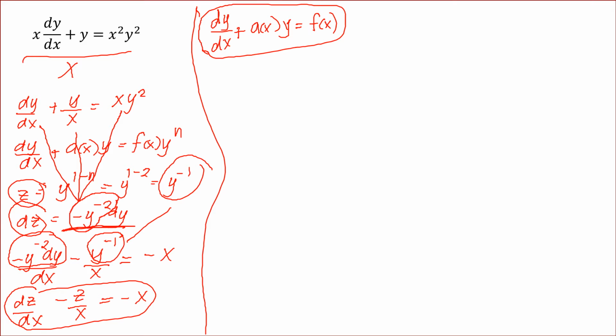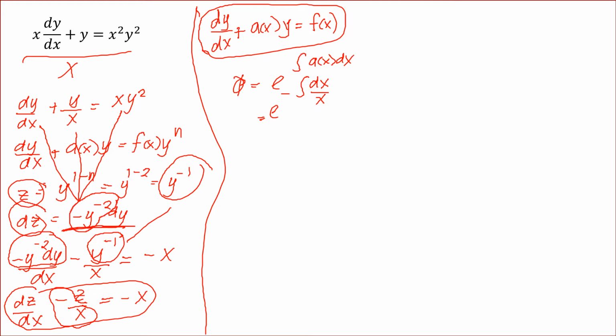When you compare this one with this one, the integrating factor is the integral of a of x dx, and in this case your a of x is negative 1 over x, equal to negative integral of dx over x.